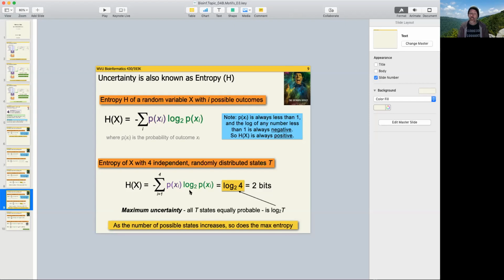So in a 4-state system, you can't have any more entropy than 2 bits. That's the maximum entropy, maximum uncertainty. But if you increase the number of states possible, let's say you go up to 8 or 12 states or 20 states, then the maximum uncertainty increases. There are more possible choices, there's more uncertainty in there.